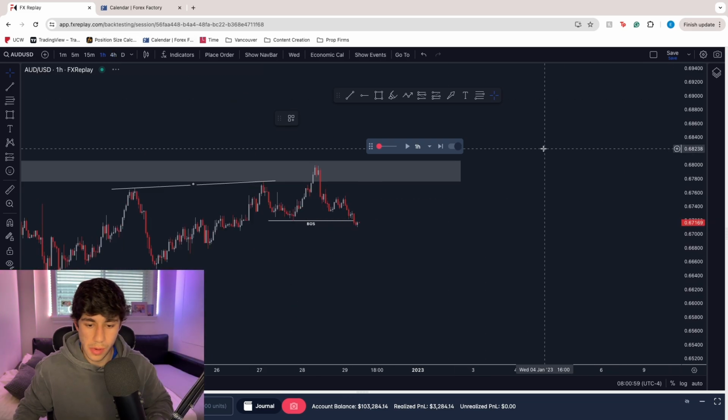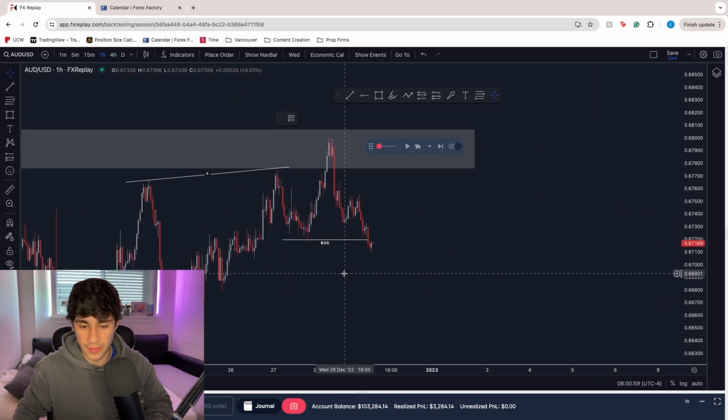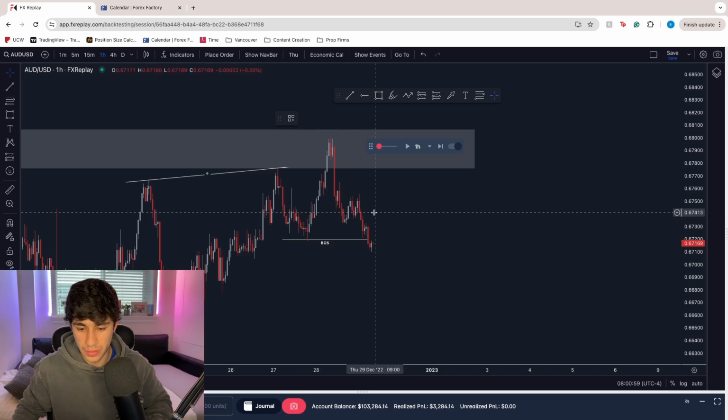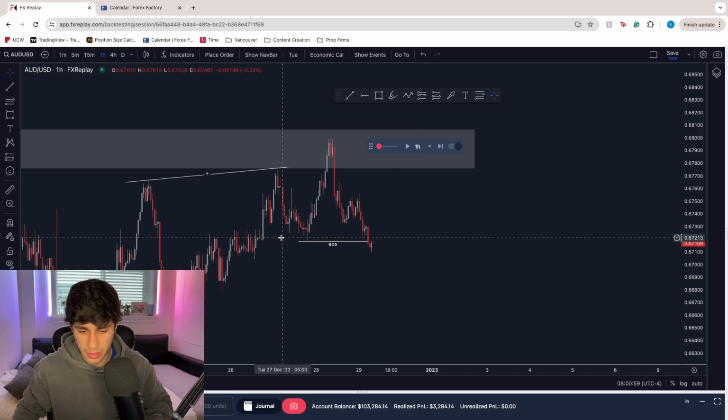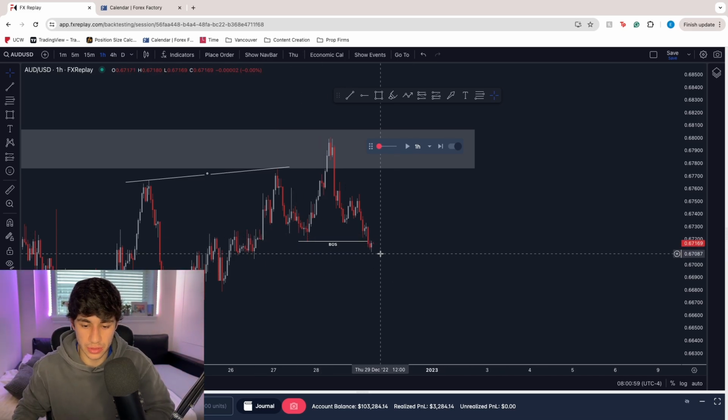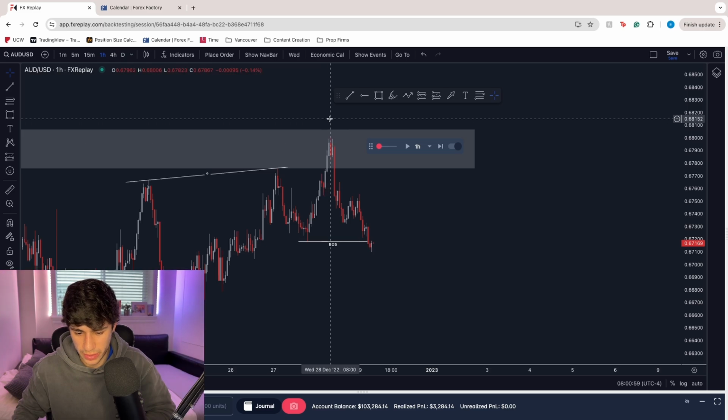So what I would like to see is, we can see this is Thursday, this is Tuesday, so this was Tuesday's low. So we can see that price recently reached Tuesday's low, so now we can see maybe some reversion to the upside. And this was Wednesday's high, and this one's Wednesday's low.